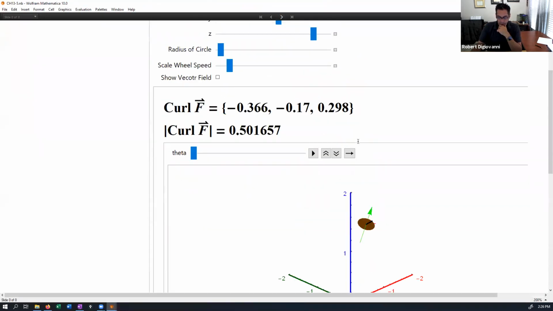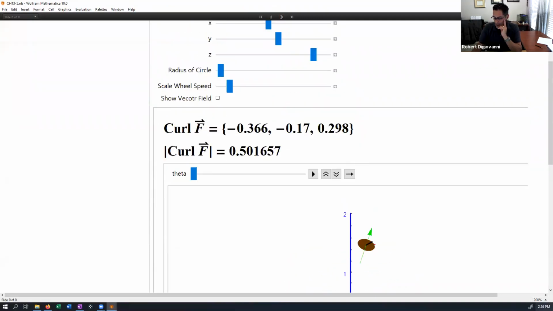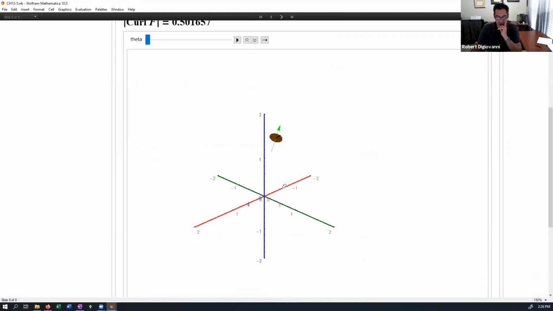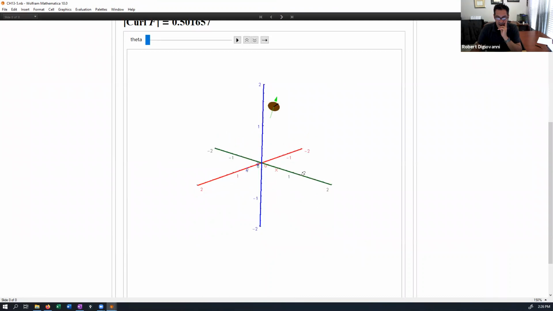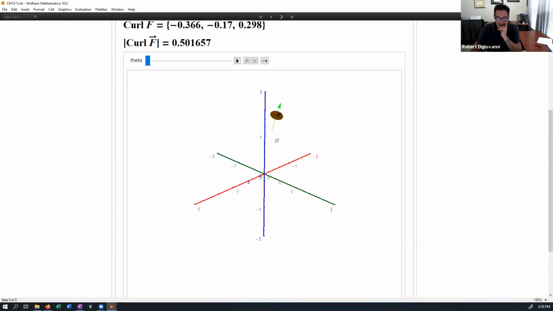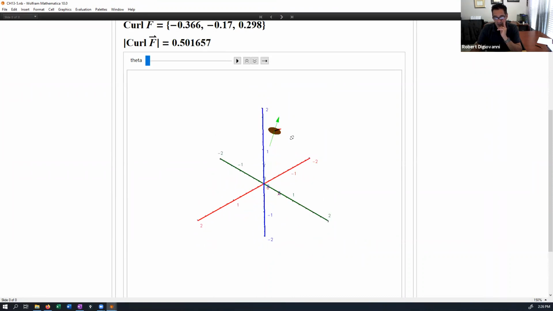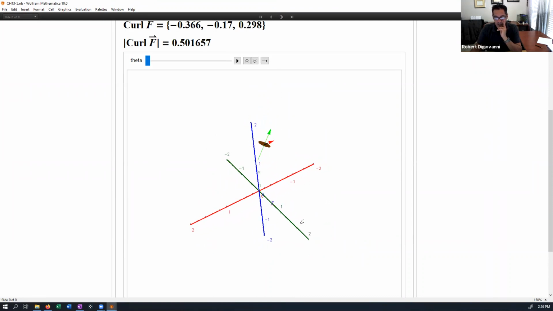All right. In all of my notes for my different calculus classes and all the different math classes that I've done, this was the hardest thing for me to ever code in this program: the curl.